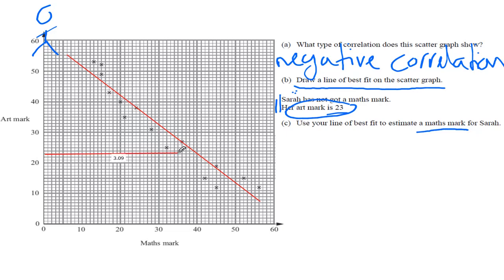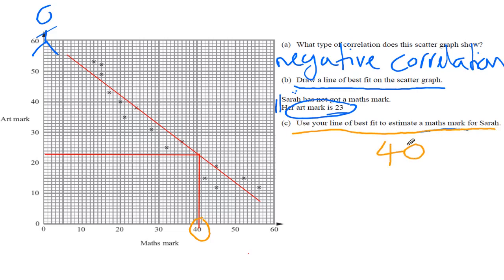Keep going until I hit the graph. Then I move down. So it looks like I've reached a score which is around about 40. So using your line of best fit to estimate the maths mark for Sarah, I would say 40.